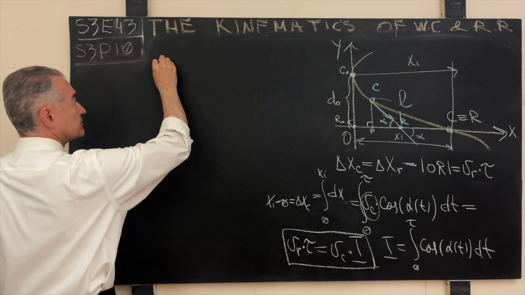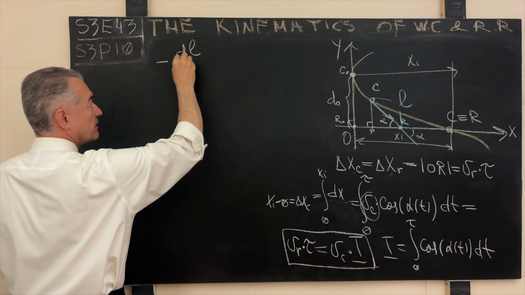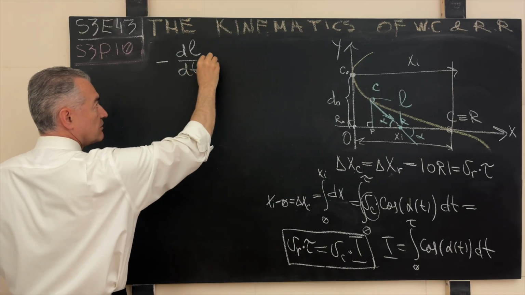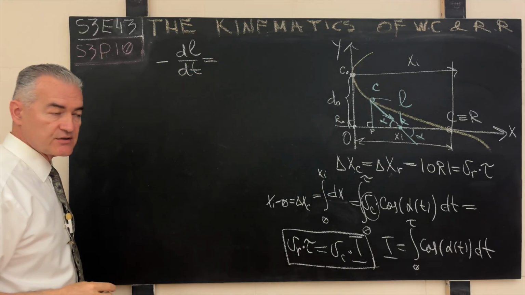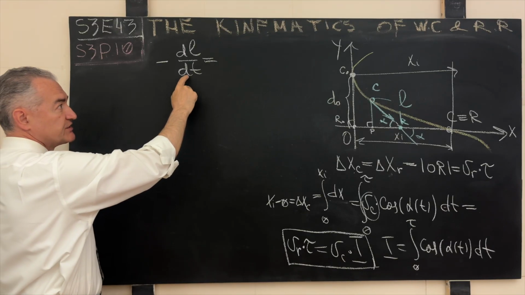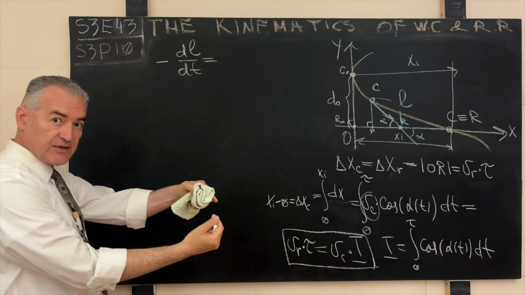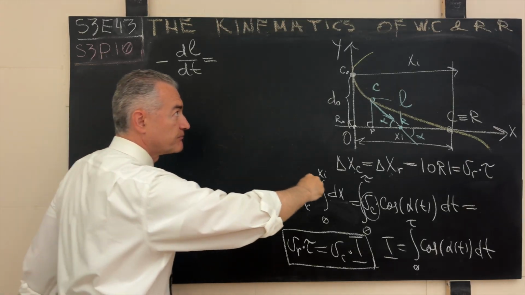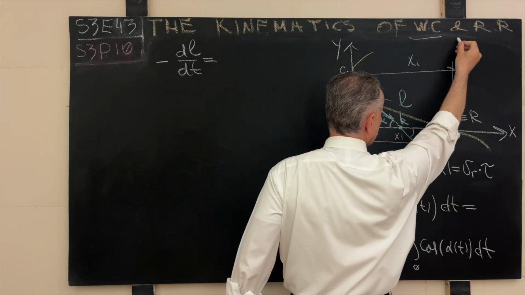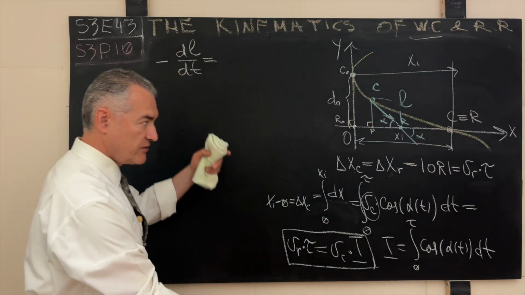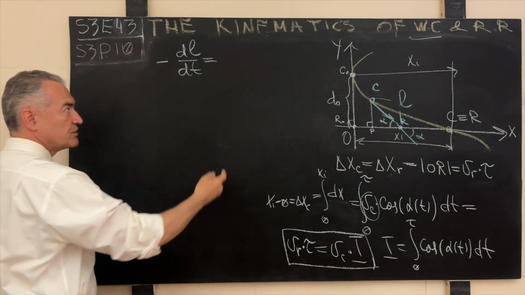If I write down minus dl over dt, we just conducted this experiment together a few seconds ago. What is the rate at which the distance between these 2 points shrinks under favorable conditions, under which our favorite friend Wile Coyote may catch up to the Road Runner? If that distance shrinks, what is the expression for it?